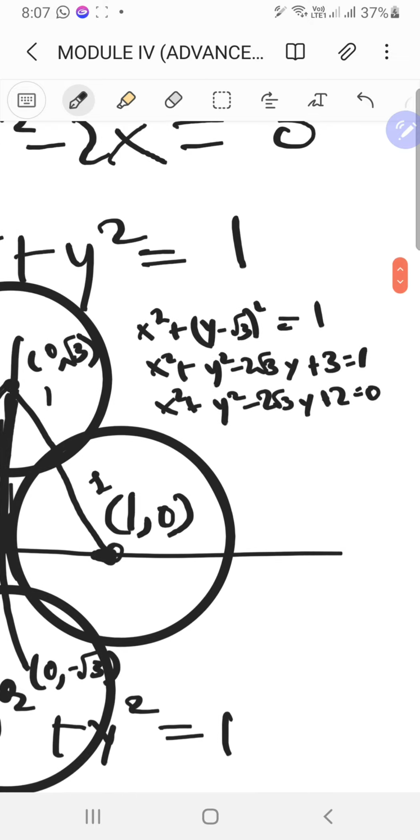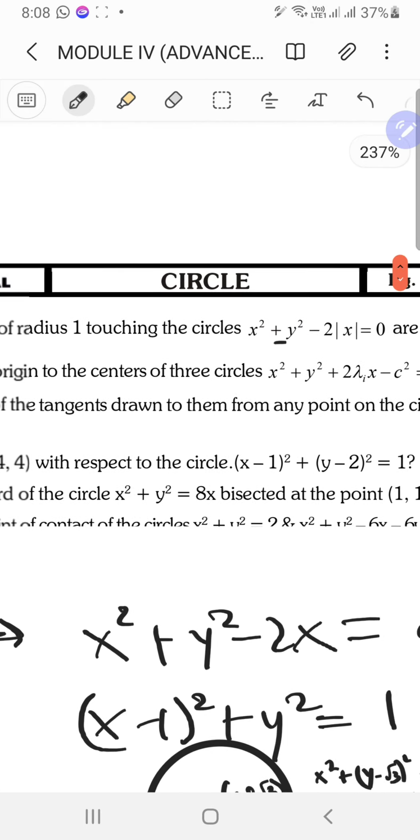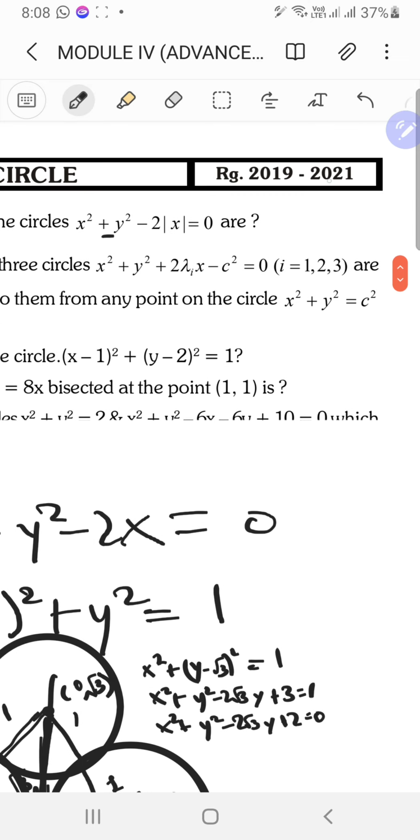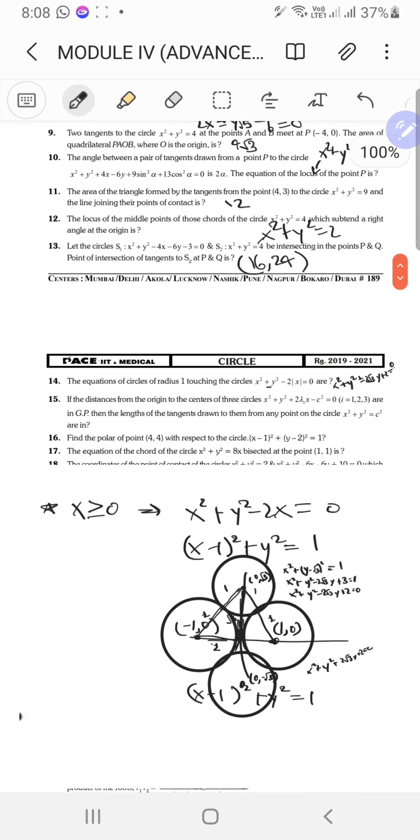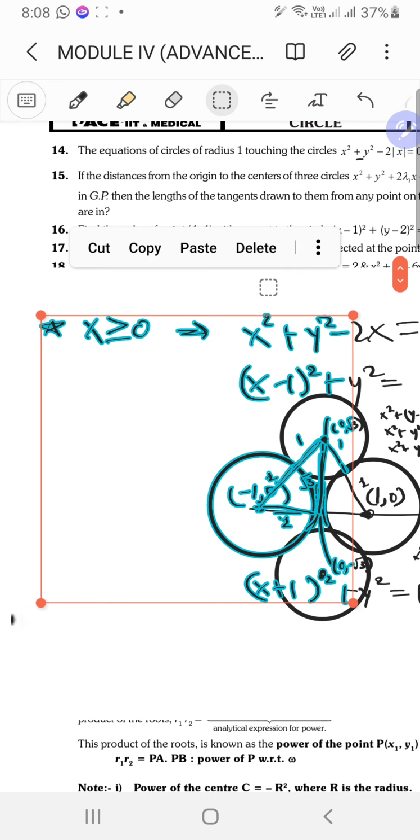And for that lower circle, x squared plus y squared plus 2 square root of 3y plus 2 equal to 0. So this means that the equation of those two circles is x squared plus y squared plus or minus 2 square root 3y plus 2 equals to 0. Cool. This was weird, very weird. Okay.